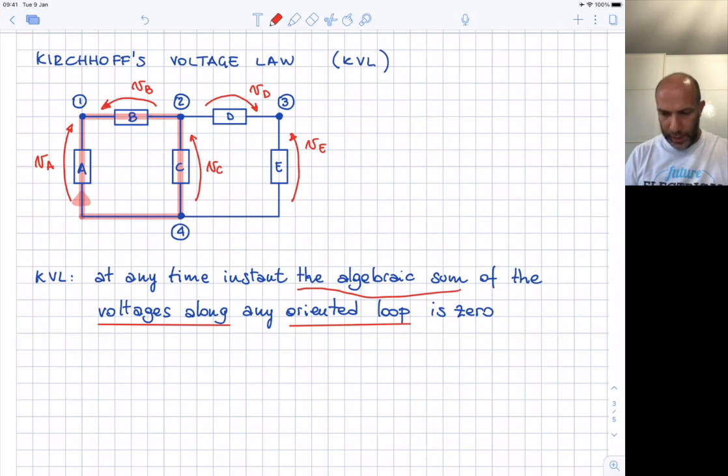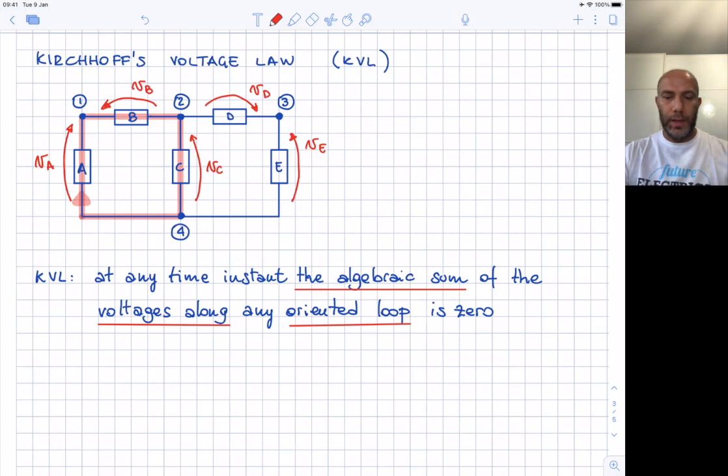Now, these voltages must be summed up with the correct sign. In fact, we said that we have to calculate the algebraic sum. The algebraic sum means that we have to assign a plus to the voltage that is found through the path according to the direction that we have assigned to the loop, or we use the minus sign if the voltage is with the opposite direction with respect to the orientation of the path.